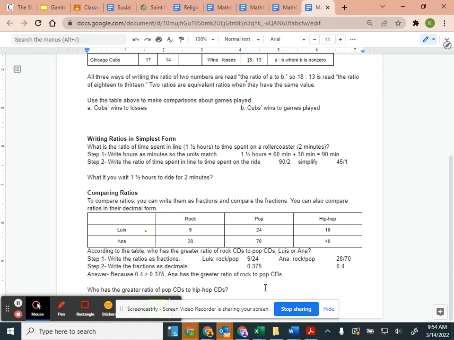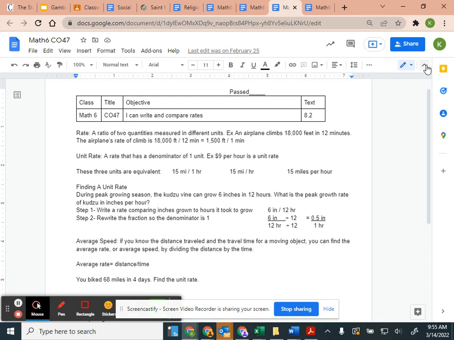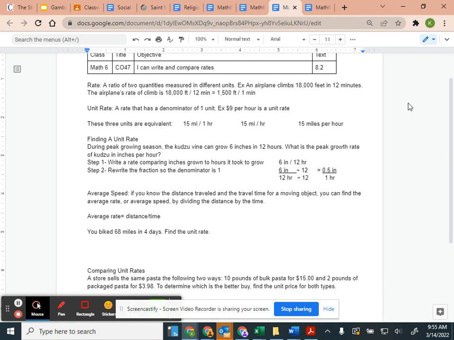All right. So feeling a little better about CO46? Let's look at CO47. I can write and compare rates. What's the big difference between a ratio and a rate?